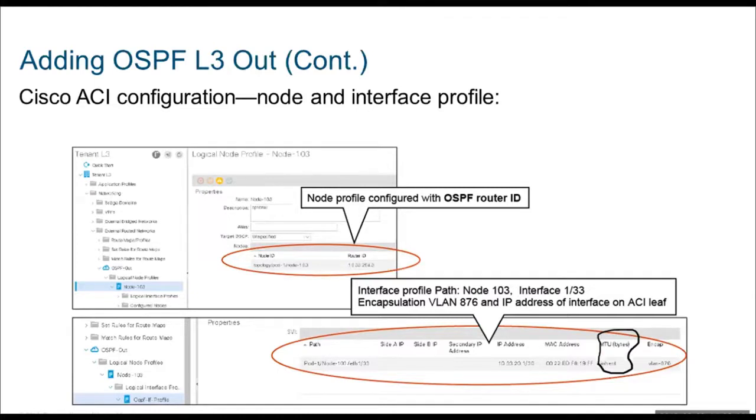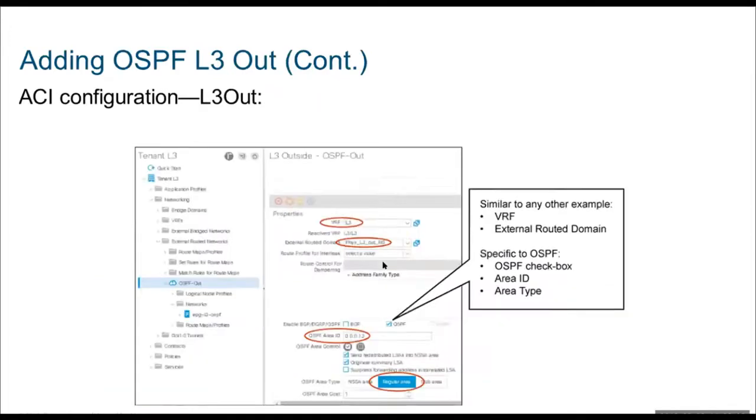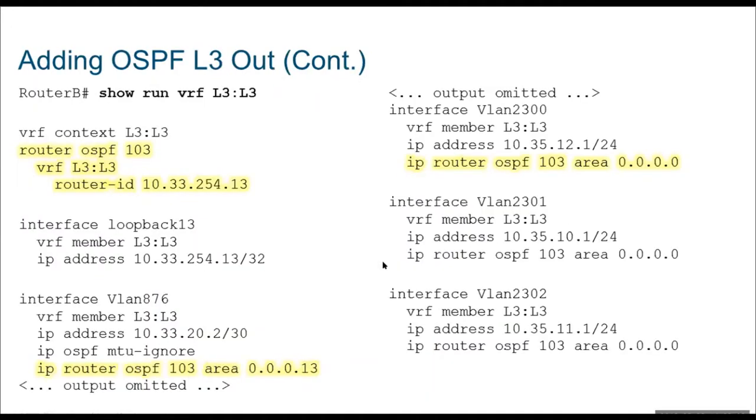And the other end, I don't know if they showed us any particular configuration, but on these, you might see they don't have any particular MTU configuration. They do have one here saying MTU ignore on SVI 876, but on the others, I don't.